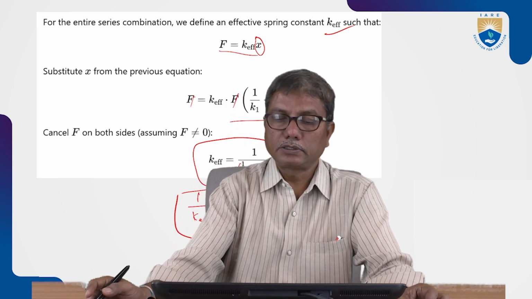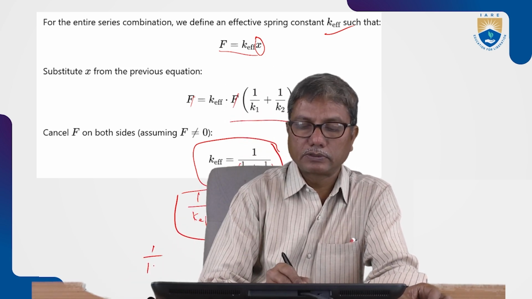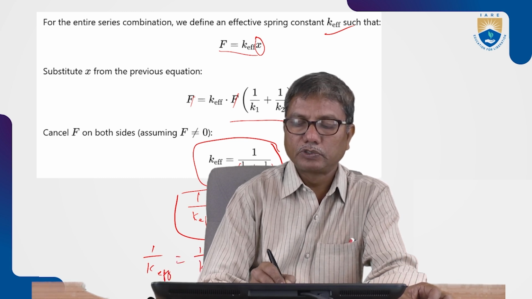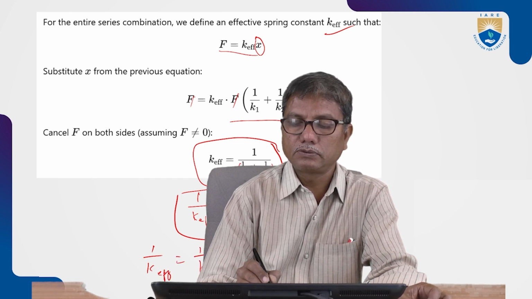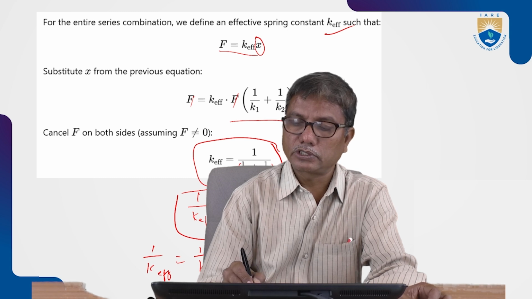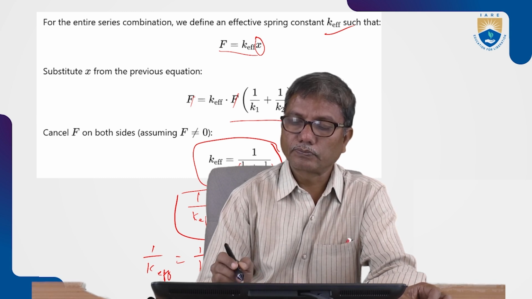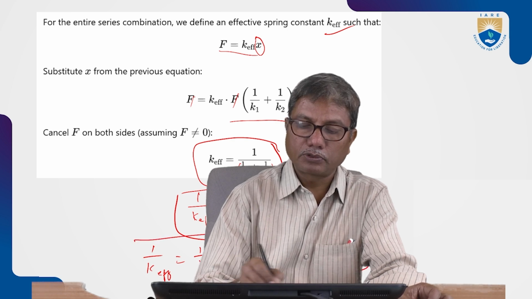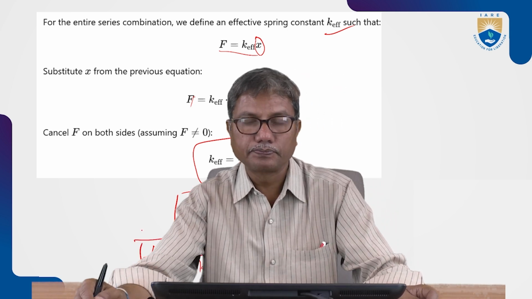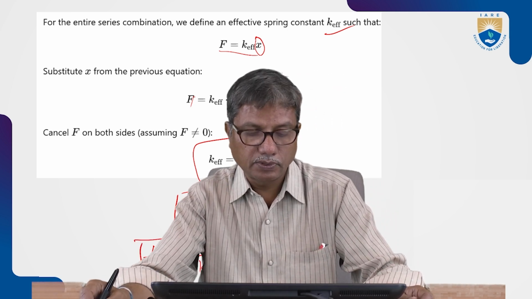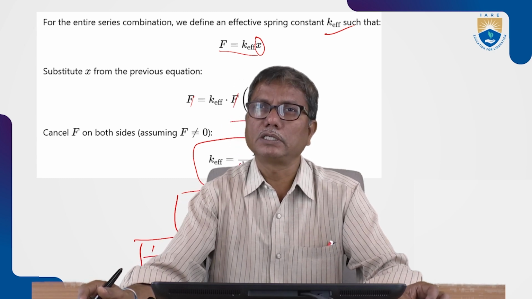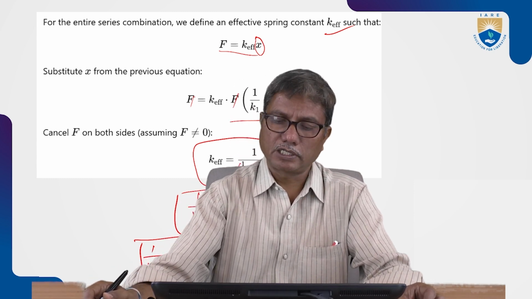This is for two springs. We can generalize this. If there are n number of springs, then we can find the effective spring constant as the sum of the reciprocals of the stiffnesses. 1 by K effective equal to 1 by K1 plus 1 by K2 and so on up to 1 by Kn if there are n springs.